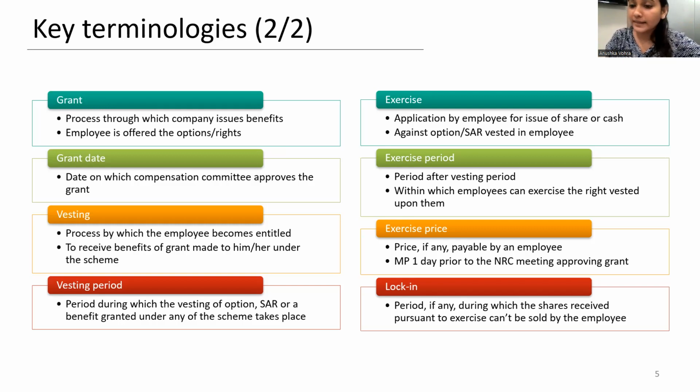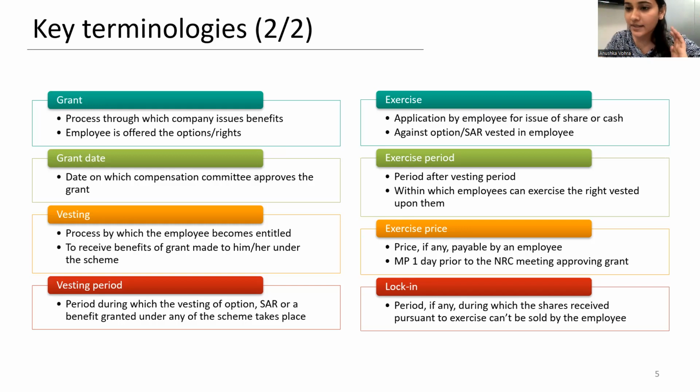So in this session, we'll restrict ourselves to only these concepts, which is we talked about who is an employer, what are stock options, who is an employee, and what are the key terminologies when we talk about stock options. In the next session, we'll first briefly discuss what we discussed today, and then we'll progress with other topics.